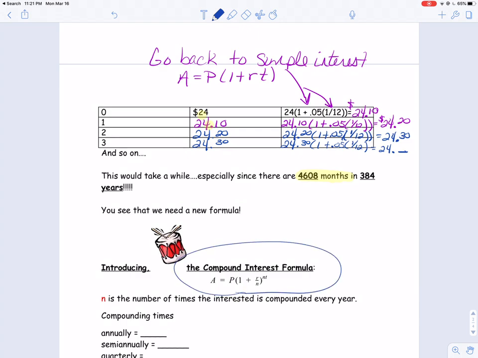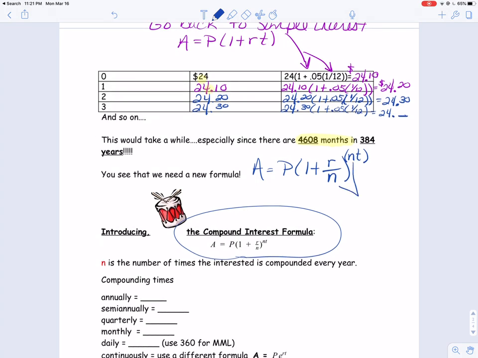All right. Future value, beginning value, rate as a decimal, how many times it's compounded in 1 year, times the time in years. Those are exponents. So you've got this number twice.